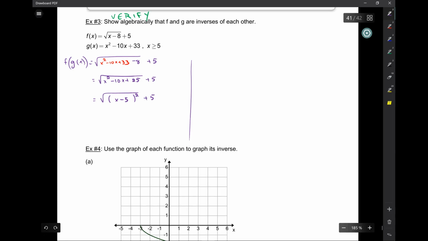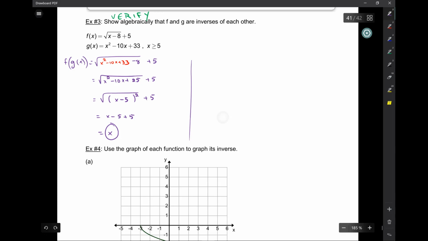And what happens to the square root and the square? They cancel out. So you're left with x minus 5 plus 5, which is equal to what? Magic. Right? This is because they are reflective around the line y equals x. Do you see how it all fits? Do you see the beauty? This is because they are a reflection of each other around the line y equals x.